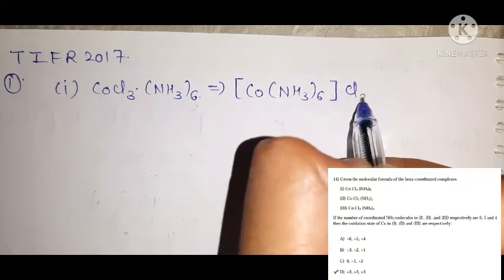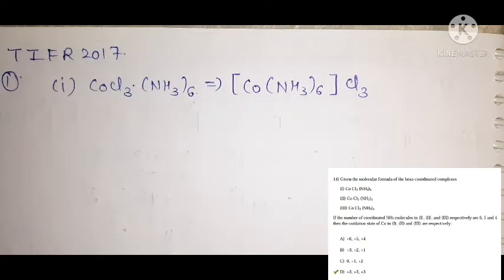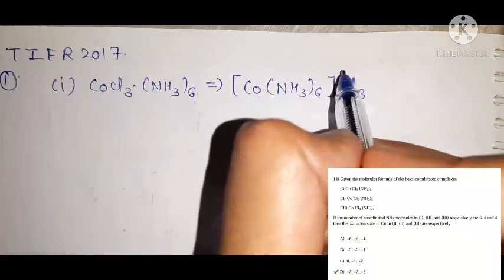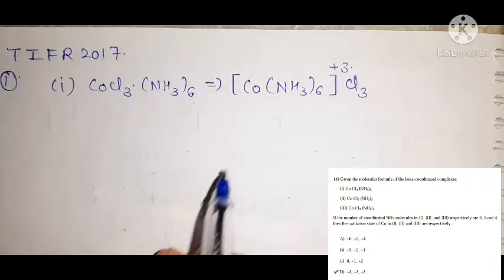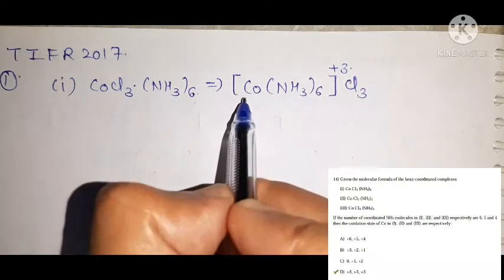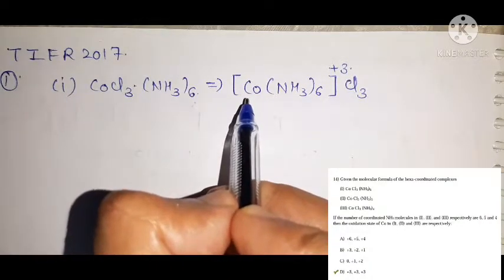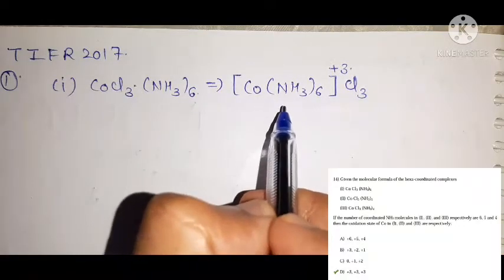That means all 3 chlorine atoms are present as secondary valency, so the primary valency present on this molecule is +3. You know very well that we must find the oxidation state of cobalt in all 3 complexes. So first of all, you must find the oxidation state of cobalt in this complex.